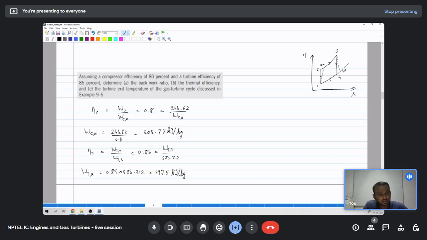So we have calculated the actual turbine work output and compression work input. With this we can again calculate the back work ratio, thermal efficiency, and the turbine exit temperature.